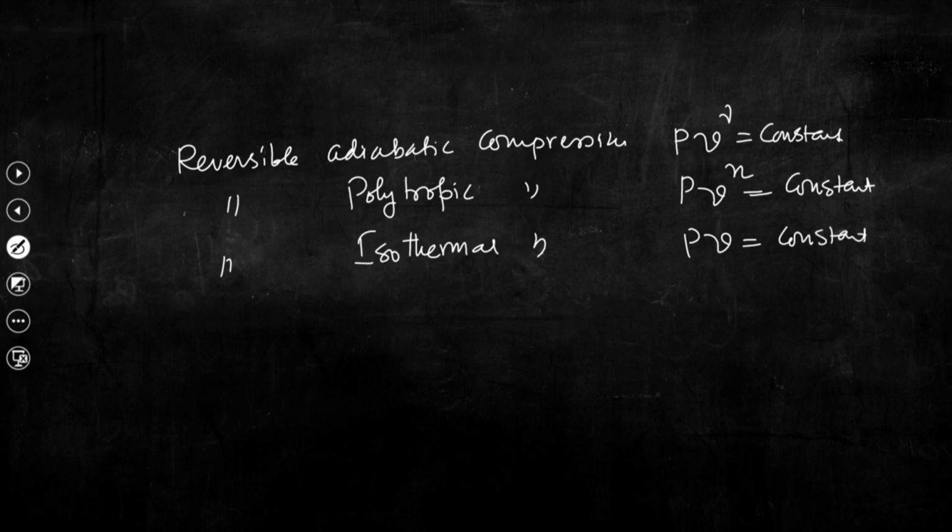So, now try to understand that if it is PV to the power n equal to constant, and we replace n by gamma, then we will be getting reversible adiabatic compression. If we assume n equal to 1, then we will be getting reversible isothermal compression.